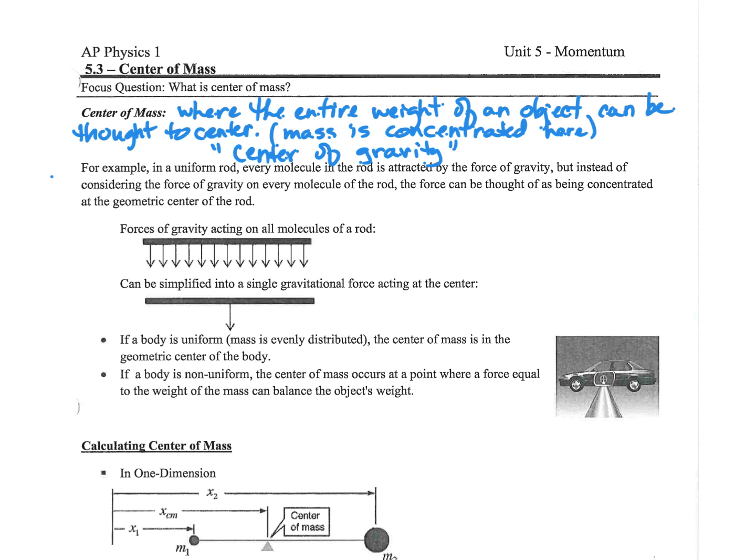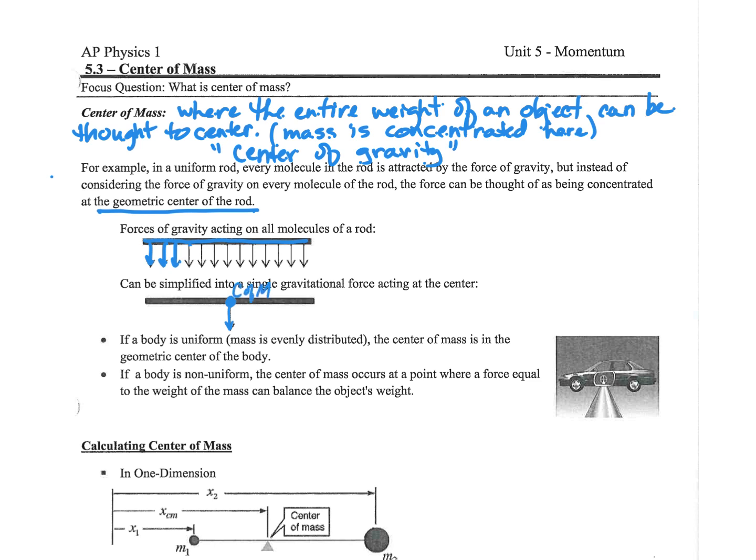That would typically be the geometric center of that rod. Okay? So we have the entire rod all the way down. And like I said, instead of every individual place, we're going to look at just the geometric center, which would be here. And we're going to talk about gravity acting down at that point, okay? So this would be my center of mass, or my center of gravity.